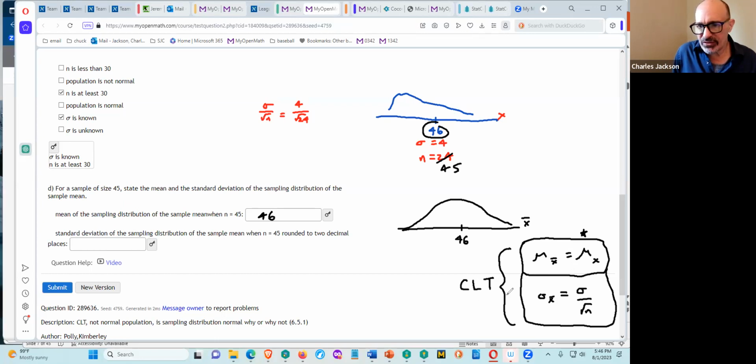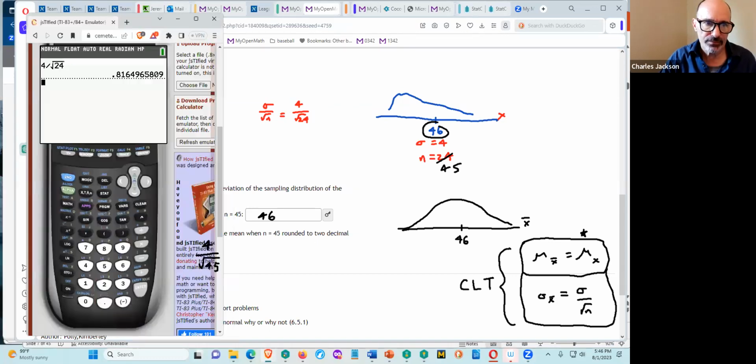So sigma divided by root n, 4 divided by square root of 45. Second entry, edit the expression there, call it 45.